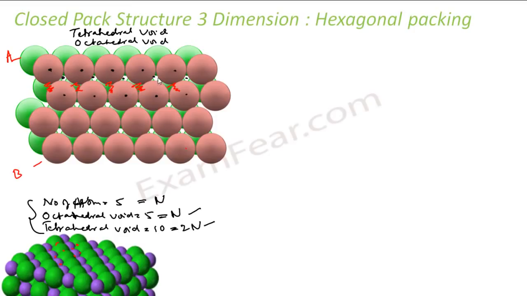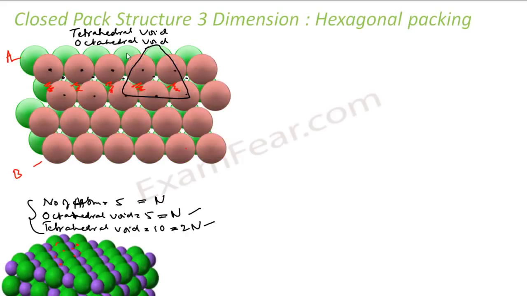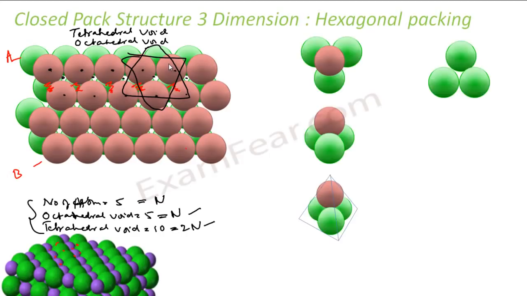Please note, at least 6 atoms are involved here. 3 green here, and on the top we need 3 red here, correct? So let's draw this. For simplicity, we have these 3 green, on top we have 3 red. Now if you see, this octahedral void is created.